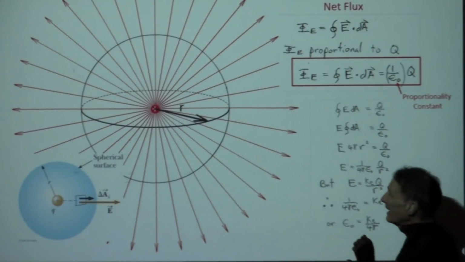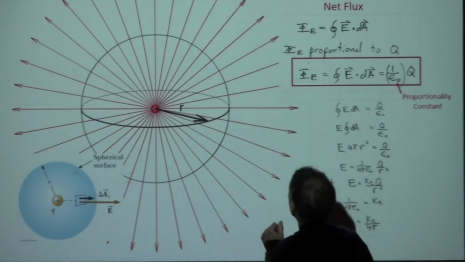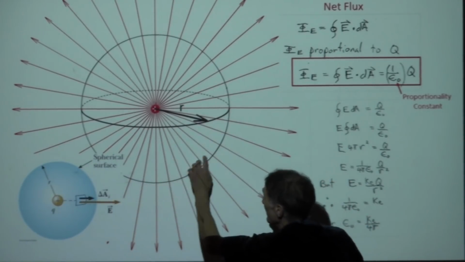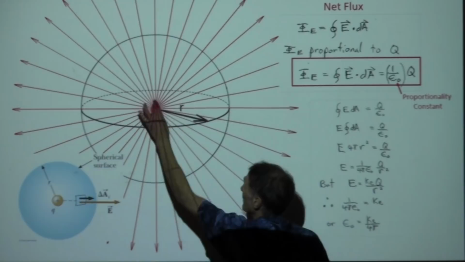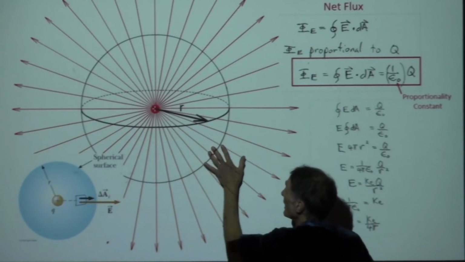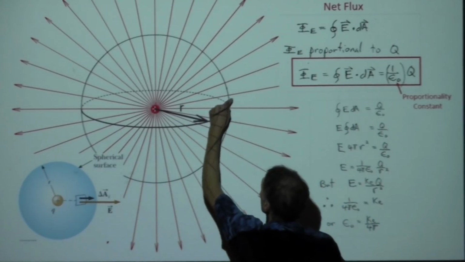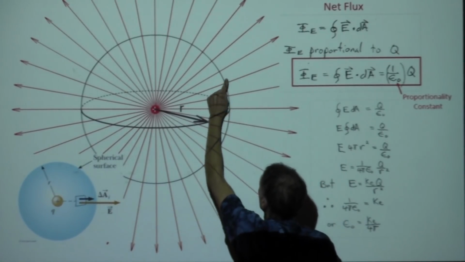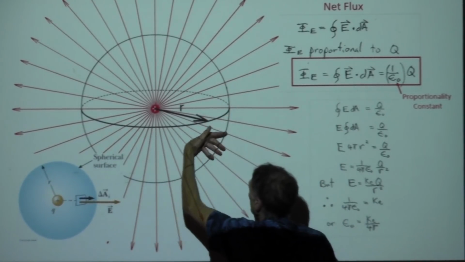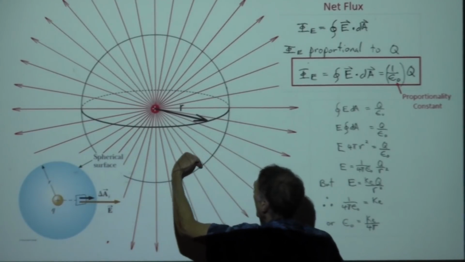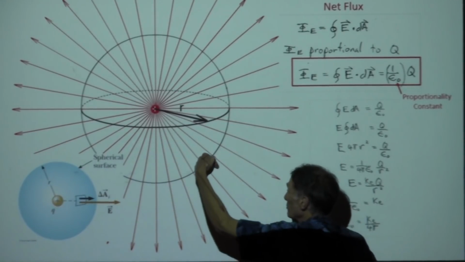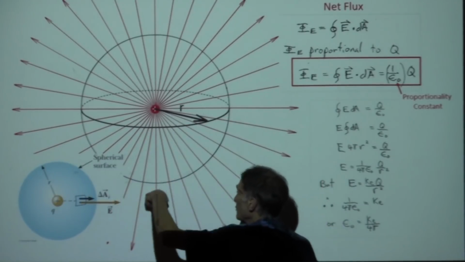And the idea is that on that sphere we could get the flux for this thing. And the way I've got it centered on the sphere, things are nice and symmetrical. As we go around this sphere of radius r, we see that the electric field is going to be the same everywhere. It's got the same density. I do expect from the symmetry that it's going to be pointing away from that charge.